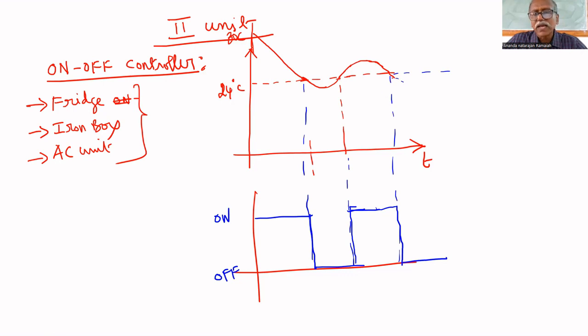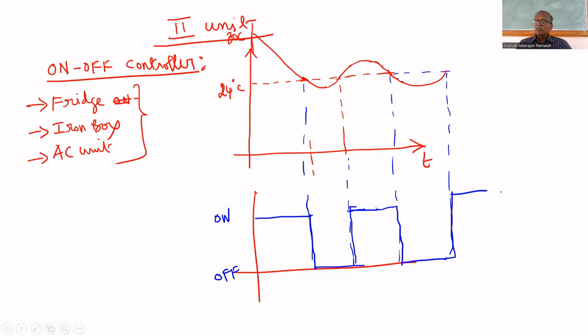Again, there will be a further decrease, but AC is off. That's why again it starts increasing. As soon as it crosses, again it will be turned on.